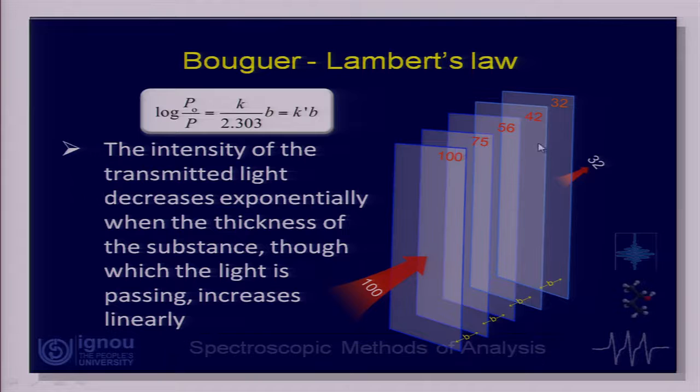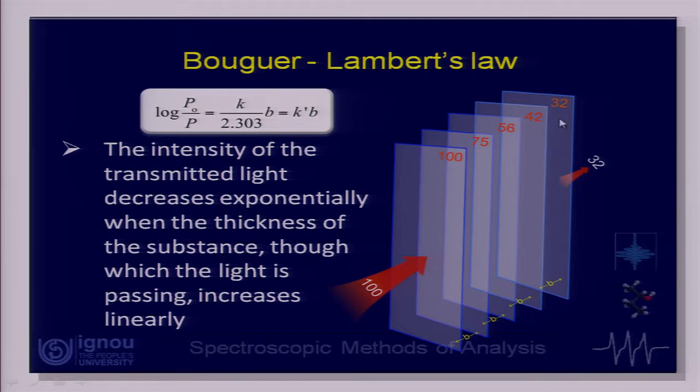But when it goes through the next compartment of again thickness equal to B, again there will be a reduction of 25%. That means from 75, if I decrease 25% of that, it will come out to be 56. It goes further, again a decrease of 25%, and from 56 it will become 42.